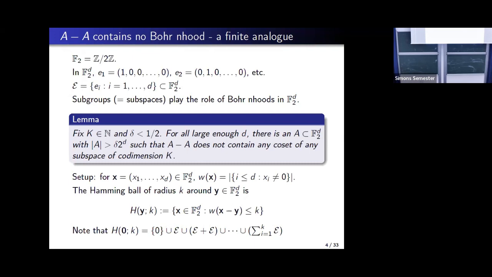Okay, so we're going to use this to construct A. A will actually be a Hamming ball of radius close to D over 2.